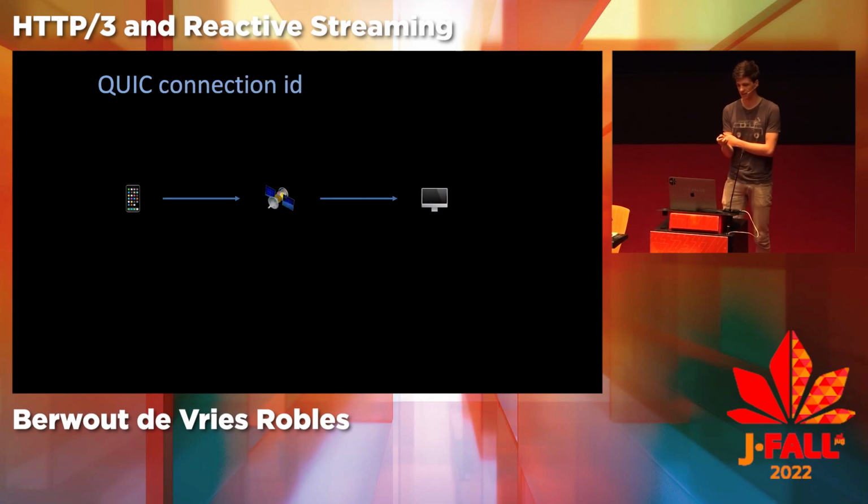There's also something that's very useful for cell phones, is that every QUIC connection has an individual connection ID, independent of which server you are connecting from or to. So you can resume a session with a web server from a different IP address altogether. So if you're in contact with the satellite over here, it drops out.